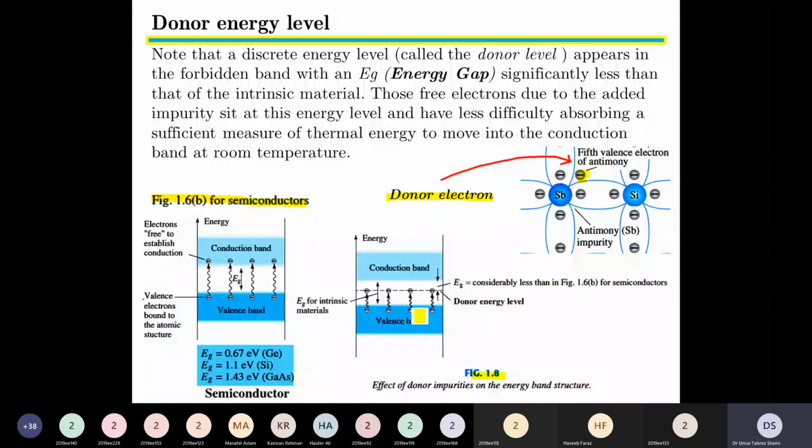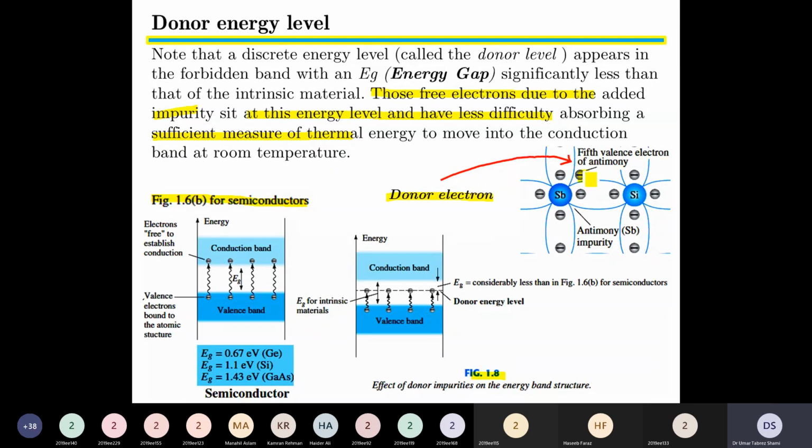How does it become less? The free electron, due to the added impurity, resides at an energy level and has less difficulty absorbing a sufficient measure of thermal energy.